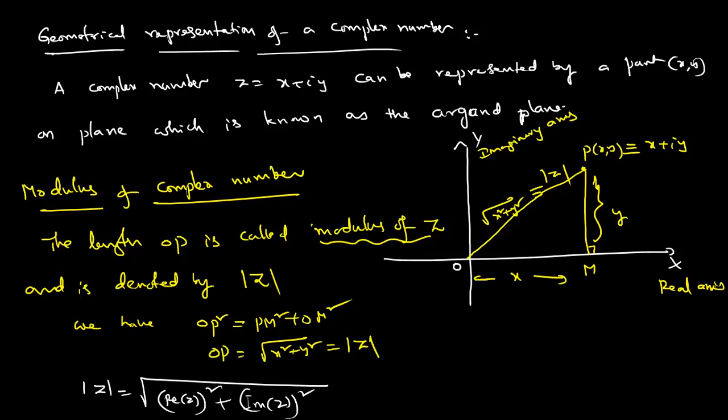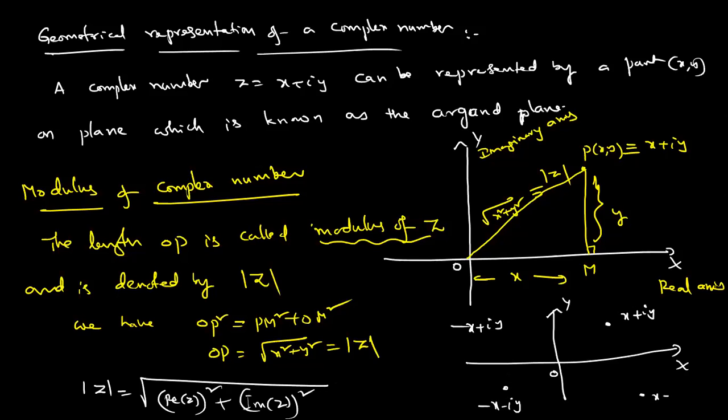That's the meaning. Here, if anyone is confused, sir, why are you taking only the first quadrant? Take it anywhere, dear students. This is x plus iy. This is minus x plus iy. Whatever the point, minus x, minus y, or x minus iy.